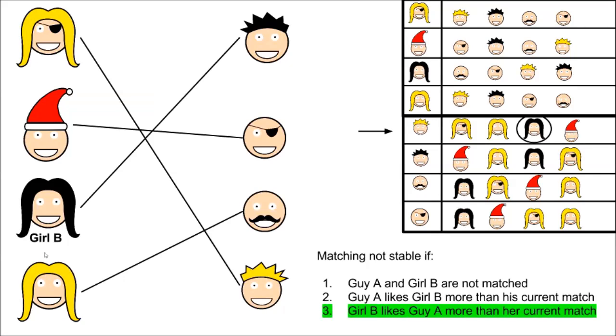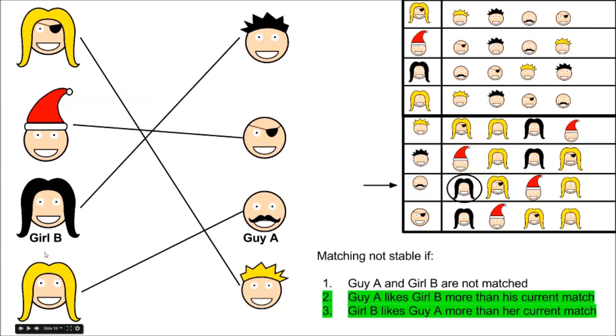Looking through the list of guys, we have blonde-haired guy, who likes black-haired girl third most, but he prefers the eye patch girl over her, so it can't be him. Looking at black-haired guy, they're matched, so it can't be them, because guy A and girl B cannot be matched. So we found moustache guy.